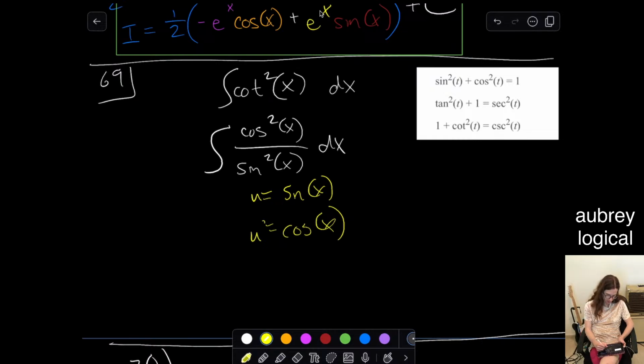So it's technically 1 over sine squared of x times cosine squared of x. Which I guess isn't quite our derivative. I'm confused.